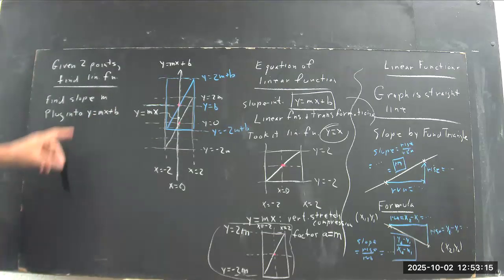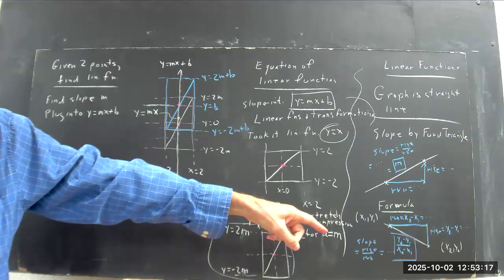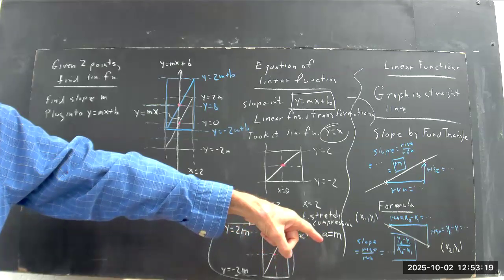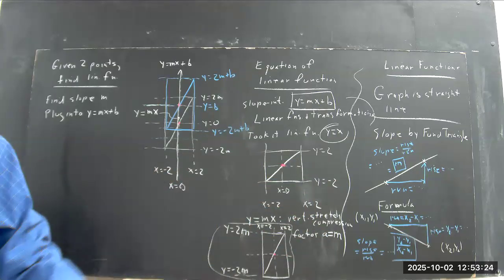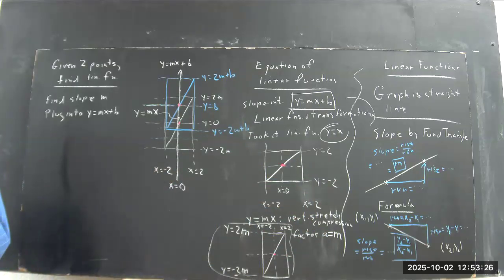Plug into y equals mx plus b. How do you find the slope? Fundamental triangle and or formula. I recommend both. So you're connecting the fundamental triangle with the formula, and it doesn't take long to do it both ways. Each is a simple picture and a simple calculation.